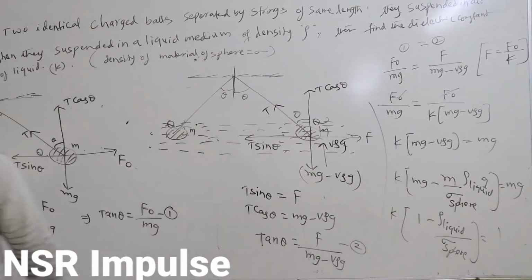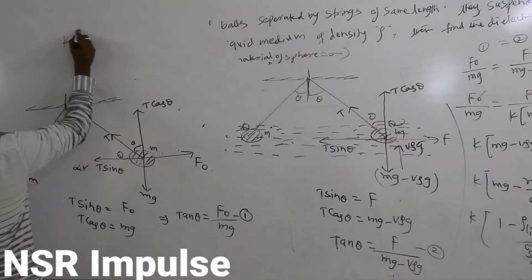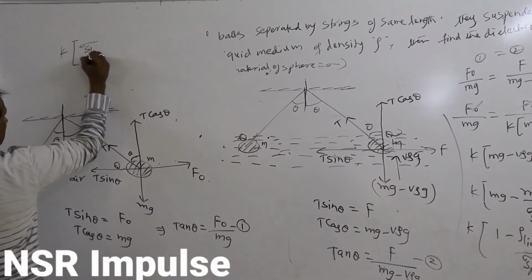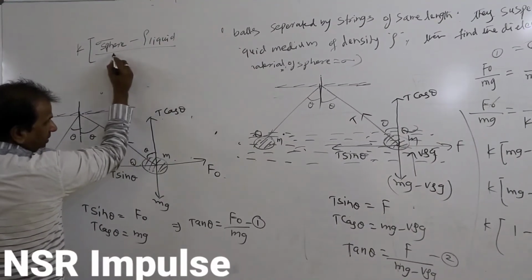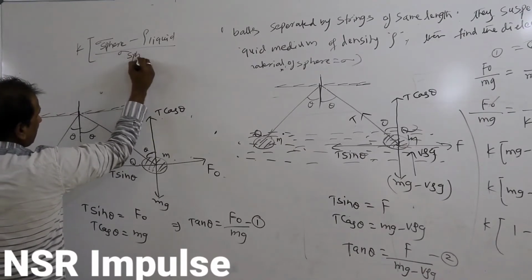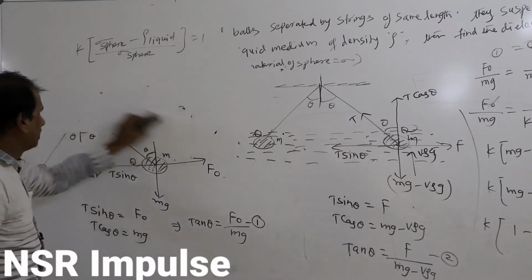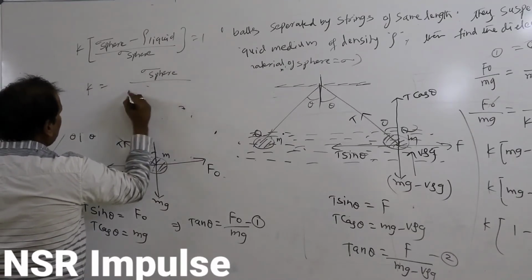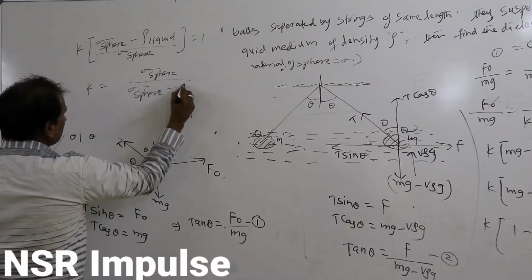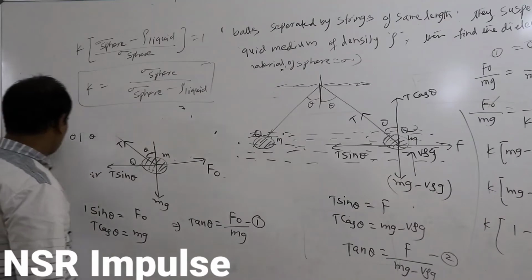Then finally the dielectric constant K comes as K into (density of sphere minus density of liquid) by density of sphere is equal to 1. Then K equals density of sphere by (density of sphere minus density of liquid). This is the K value.